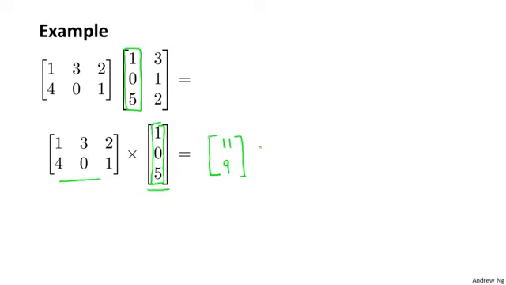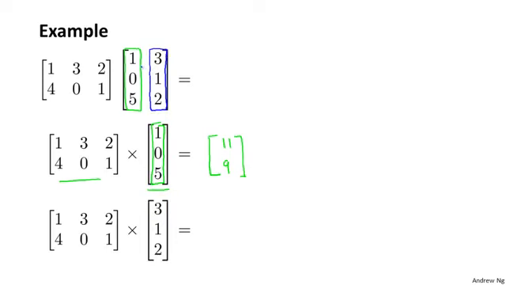And then the second thing I'm going to do is pull out the second column of this matrix on the right, and take this matrix on the left and multiply it by that second column. Again, this is a matrix vector multiplication step, which you saw from the previous video, and if you multiply this matrix and this vector, you get 10, 14.